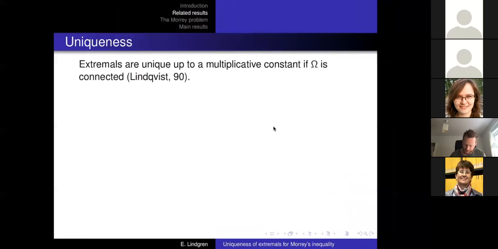So how can you go about proving that minimizers are unique up to multiplication with a constant here? Basically the idea that you have here, and also the idea that I will explain later for the Morrey problem, is that you assume that you have two minimizers, and then you want to produce a third minimizer.